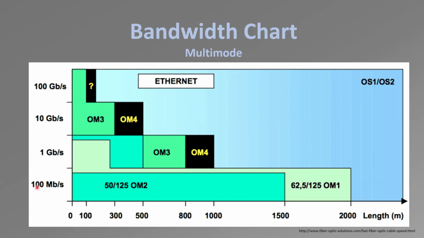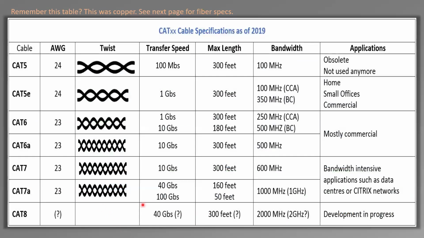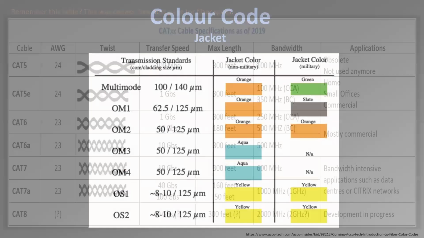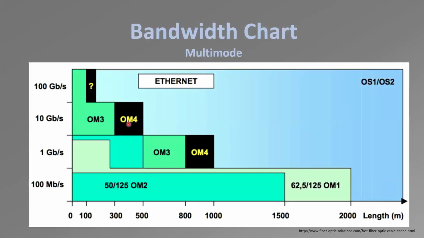Now, transfer speed, 100 megabits per second. 100 megabits per second. That's Cat 5. Right, 100 megabits per second, OM2, that's going to give you up to 1.5 kilometers.